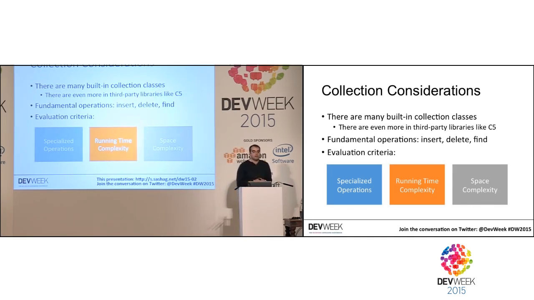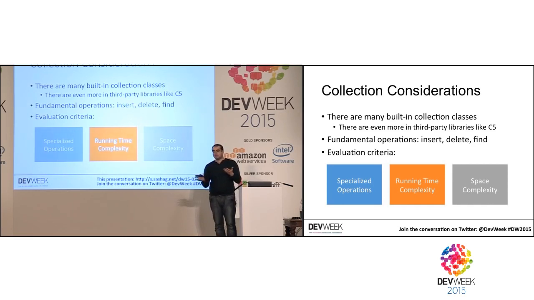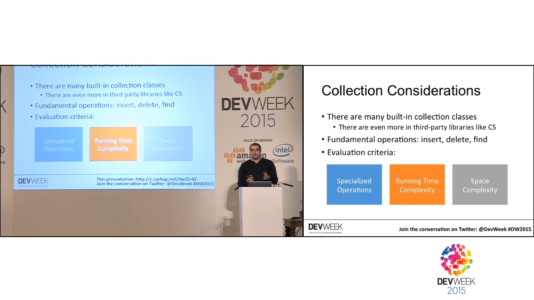So how long does it take to find an element in a collection by key or insert an element in the middle of a collection? Space complexity, which means the memory usage of the collection given a certain number of elements, and these vary greatly. Some collections could be a dozen times bigger than others for the same number of elements.